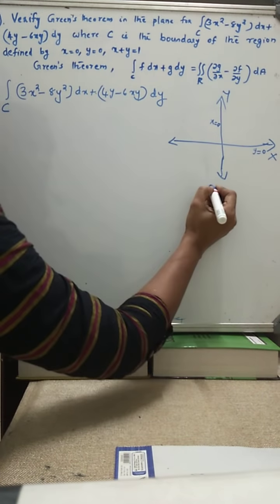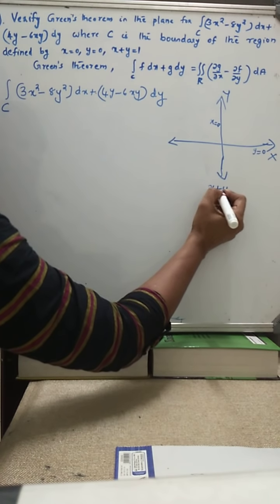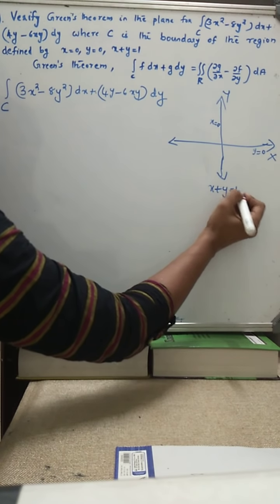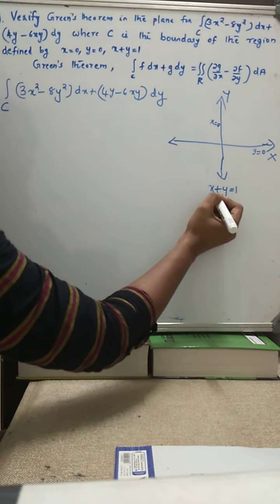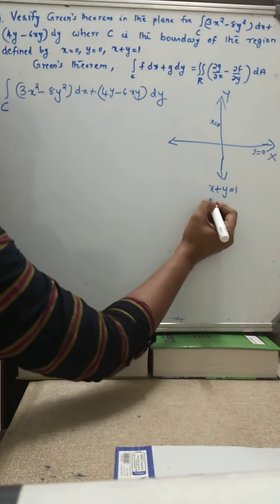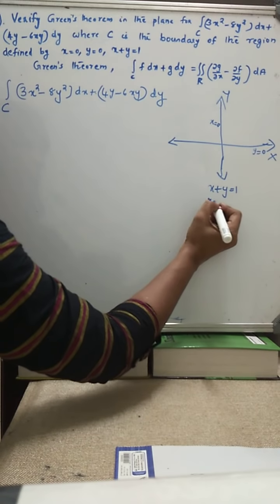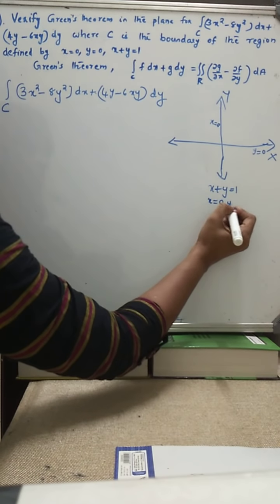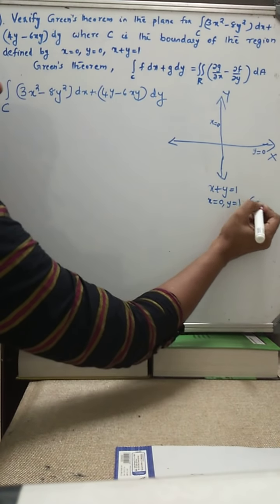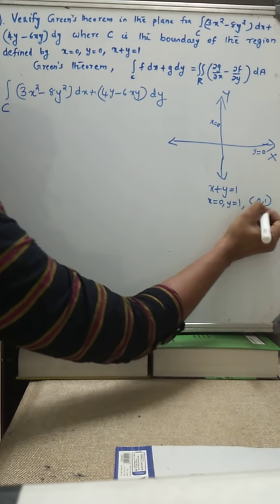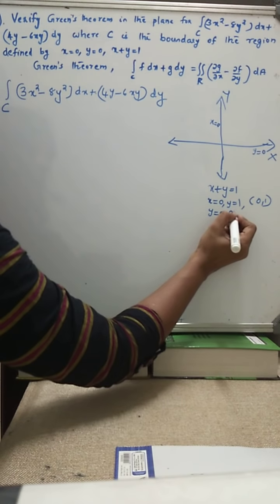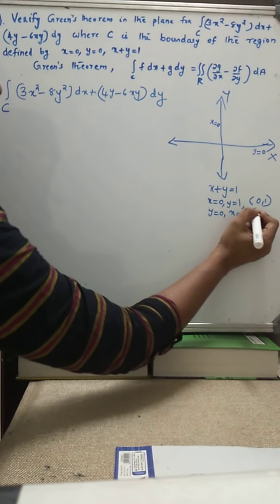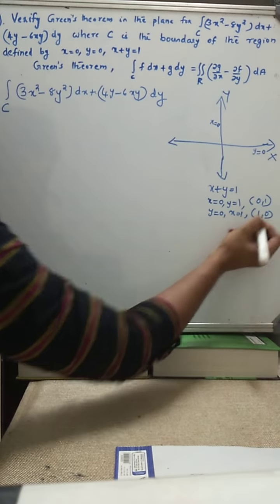All of you know that x + y = 1 gives a line. In order to draw the line, we need 2 points. The easy way is to put x = 0 so that we get y = 1. So one coordinate is (0, 1). And when we put y = 0, we get x = 1, so the other coordinate is (1, 0).